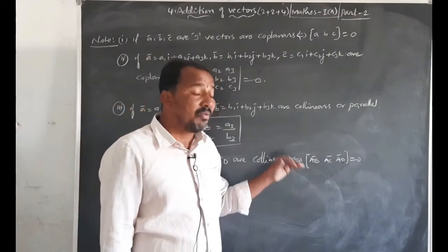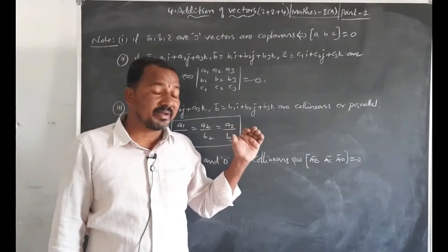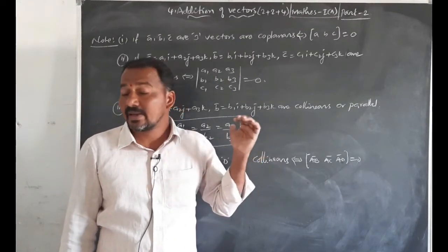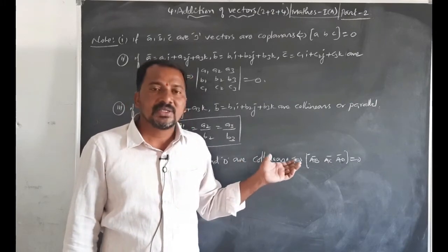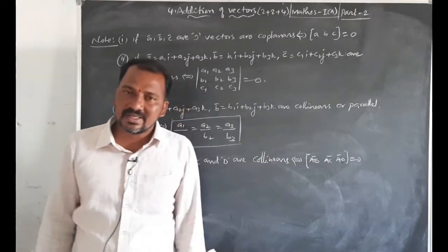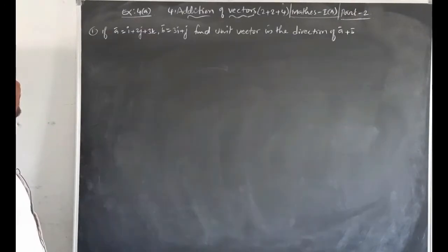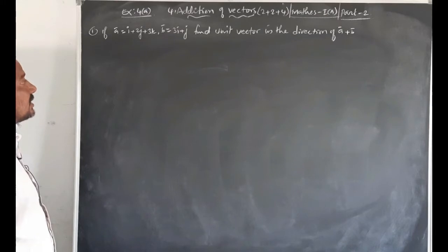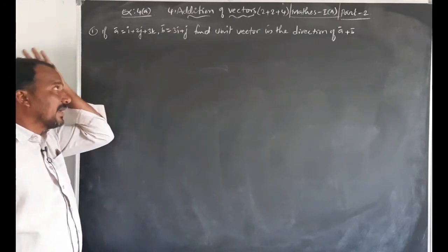That means find the vectors AB, AC, AD, the initial vectors. If this determinant is 0, then they are collinear.